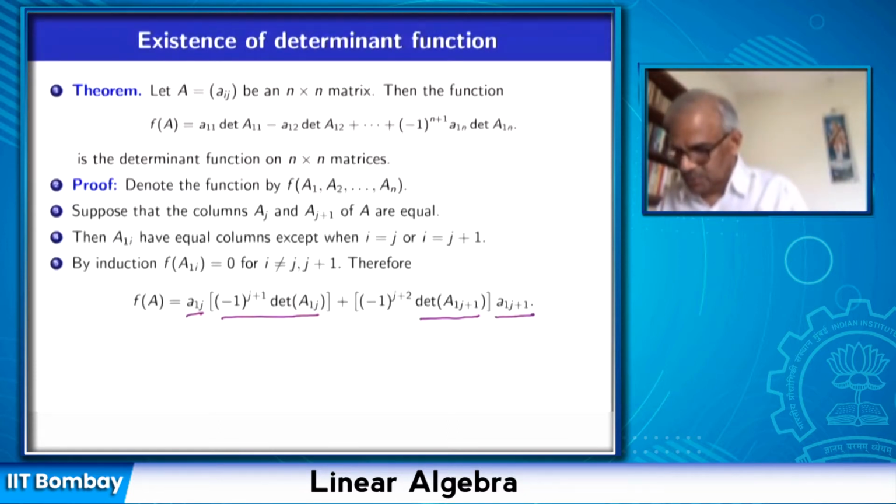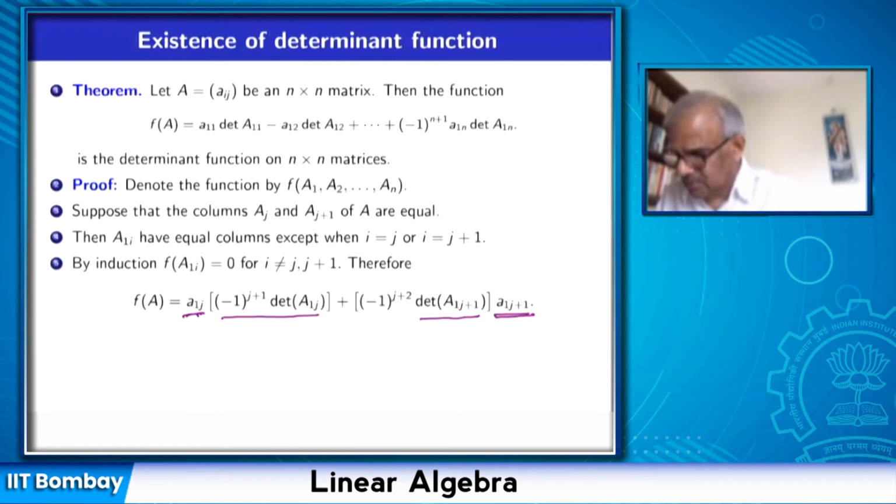So I have these 2 terms left over. But A1j is the entry in the first row of the jth column, and A1j plus 1 is the entry in the first row of the j plus first column. But the jth column and j plus first column are identical.